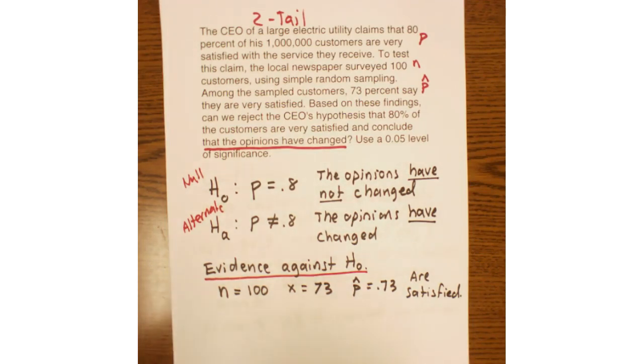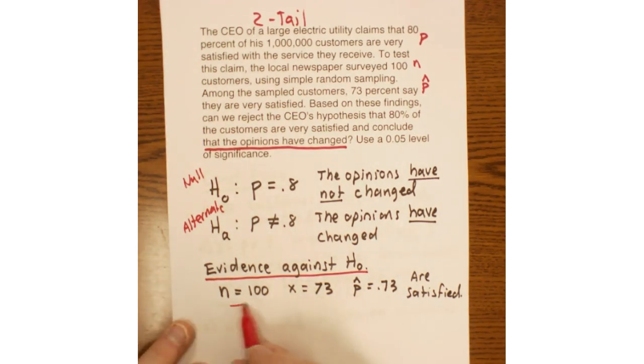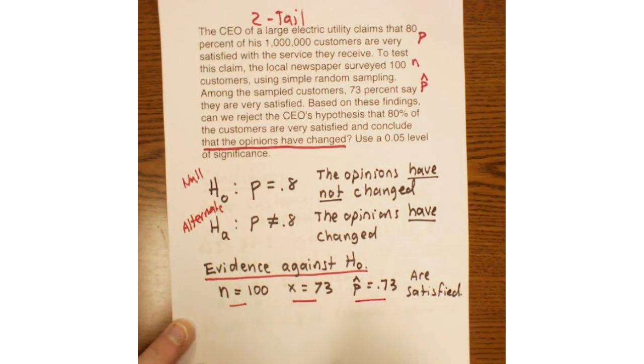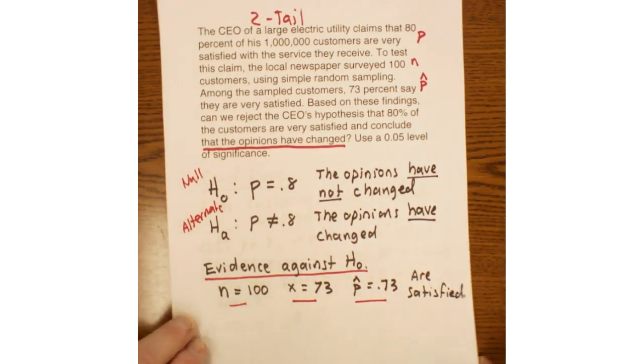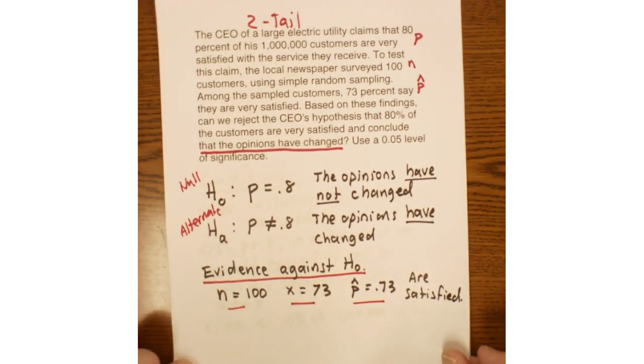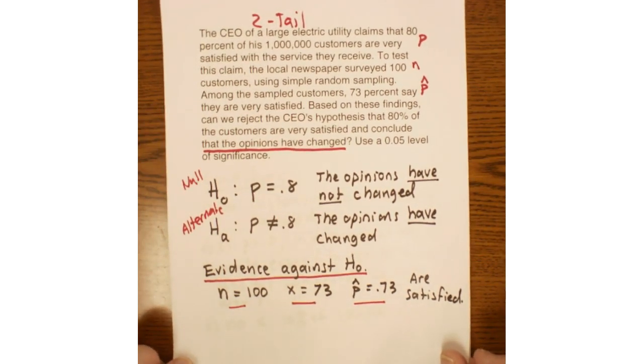And this evidence is the following: a sample size of 100, 73 successes in our sample, with a p hat of 0.73. In other words, 73% of that sample are satisfied. So those are the starting details for our hypothesis test.